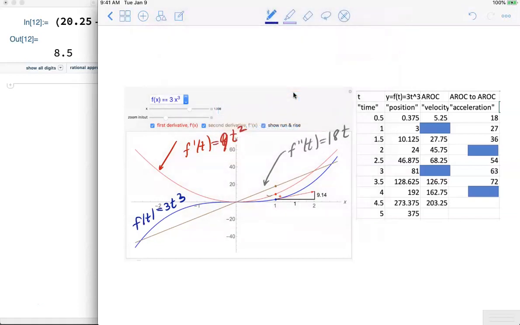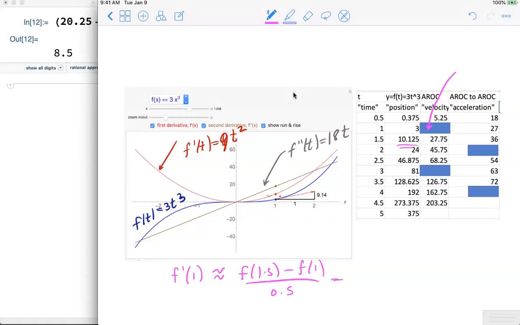Let's see if we can figure out what's going on here with this function evaluated at 1 and the derivative at 1. If you were to fill in that blank, you would get f prime at 1 is approximately equal to the function evaluated at 1.5 minus the function evaluated at 1, over 0.5.